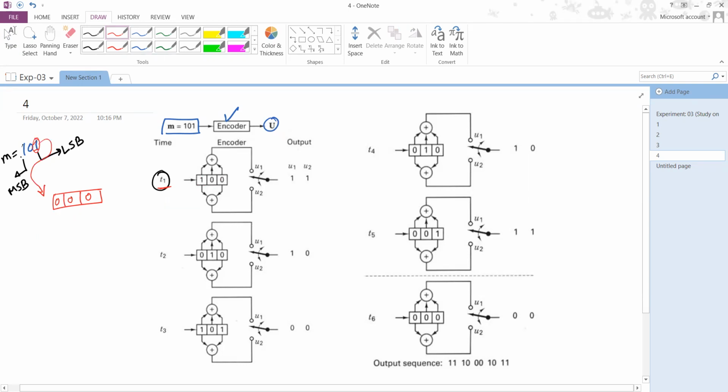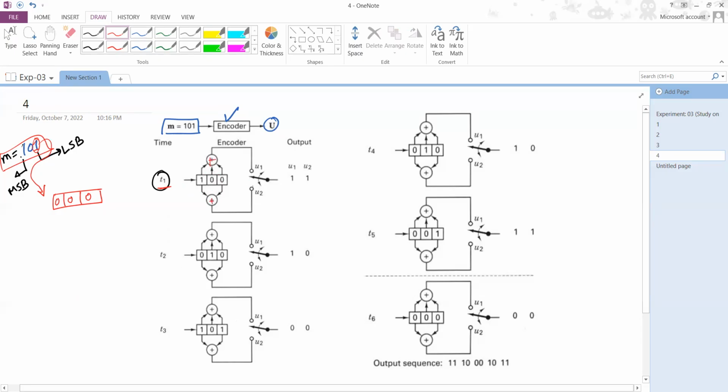So at t1, we are just inserting the LSB of our message signal, and we get this configuration, 100. Based on our vector diagram, these 3 connections are taken to this modulo 2 adder and these 2 connections are given to this modulo 2 adder.